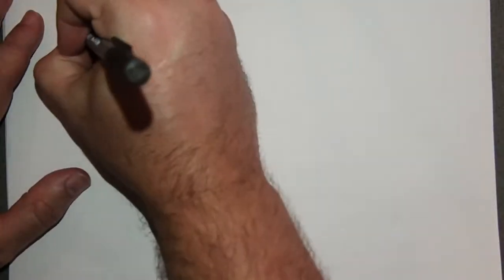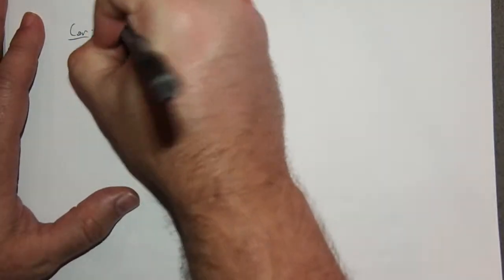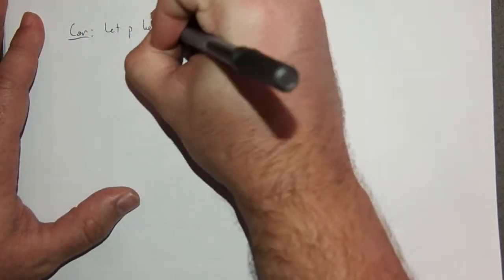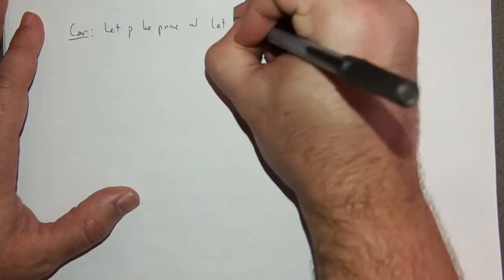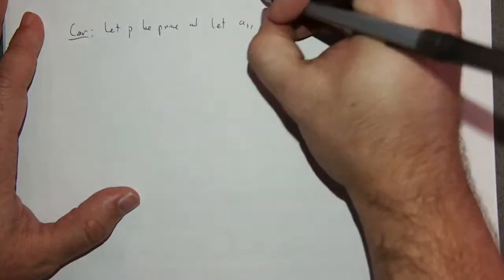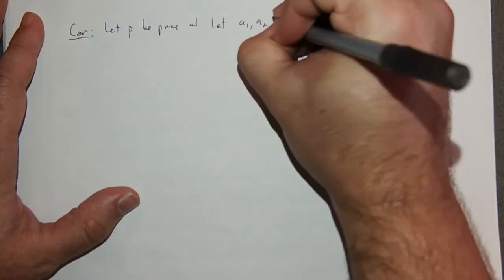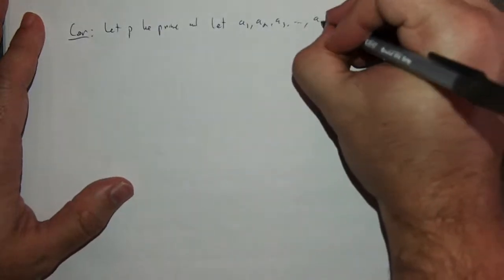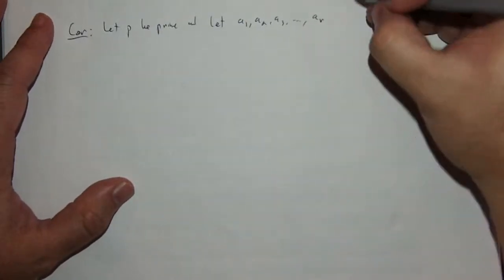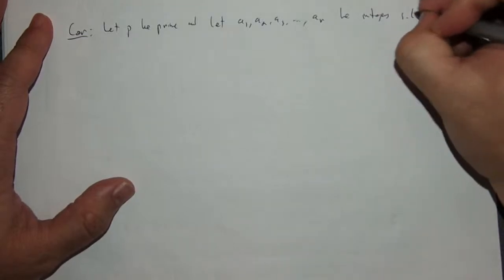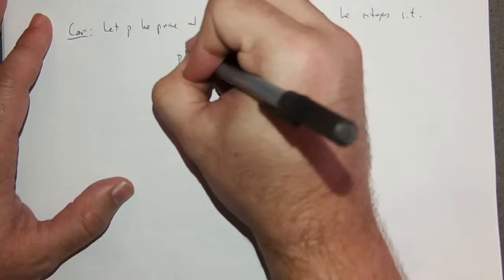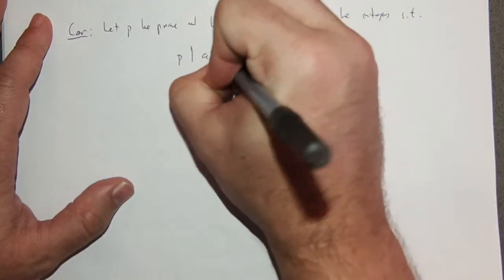So corollary of this theorem that we just proved, let P be prime and let A1, A2, A3, all the way up to AR, that's what the textbook uses in the statement, be integers such that P divides the product.